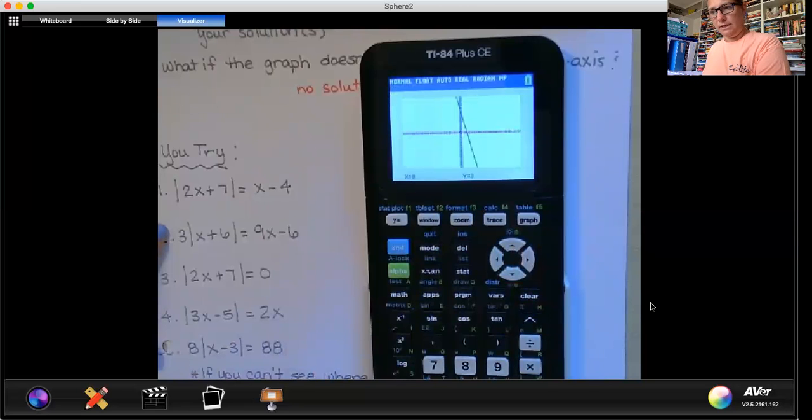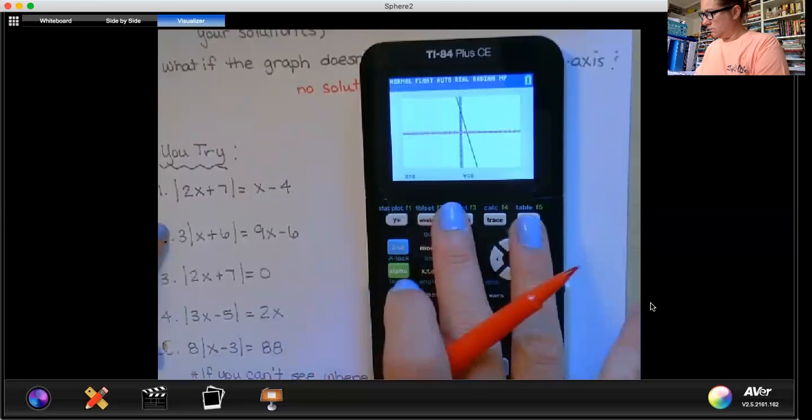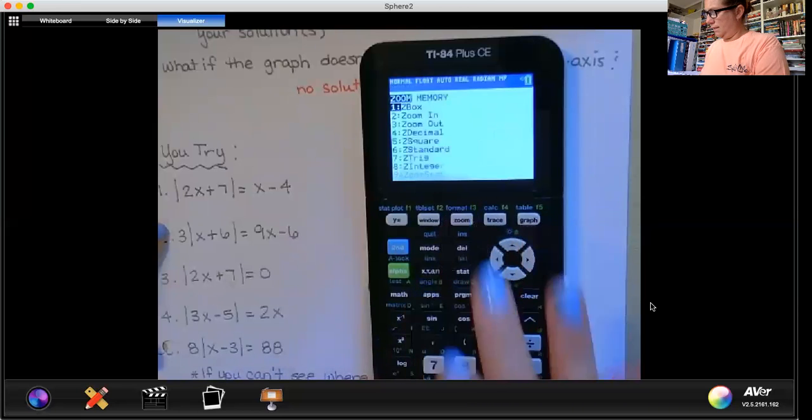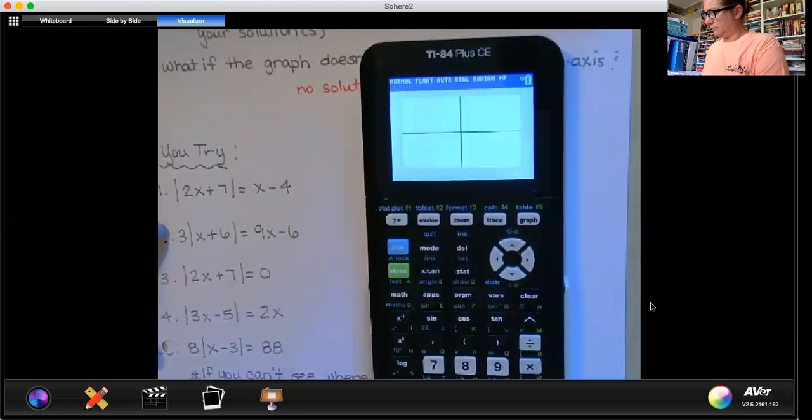And I'm still not seeing another solution. I'll try it again, and one last time. So it appears that this graph is only going to touch one time.